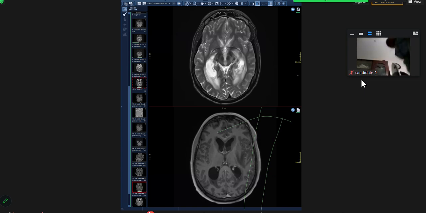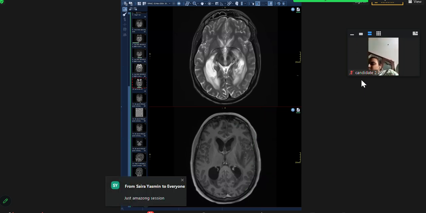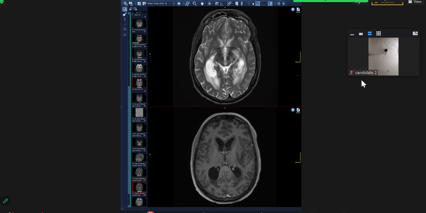So ventriculitis and ependymitis. Okay, ependymitis. Okay. I think this one looks like a nice one. Let's look at this one.